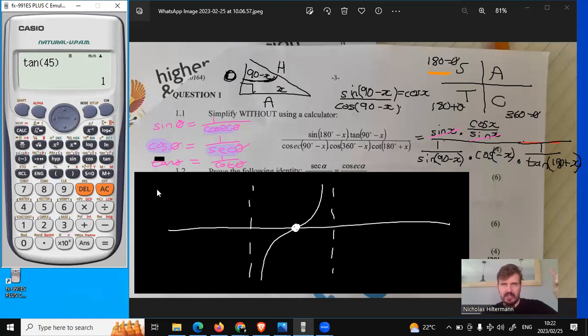Tan is opposite over adjacent, so the opposite is 1 and the adjacent is 1, giving 1 over 1, which is just 1. So tan 45 is 1, that's 45 degrees and 1. And this is going to be minus 45 and 1.